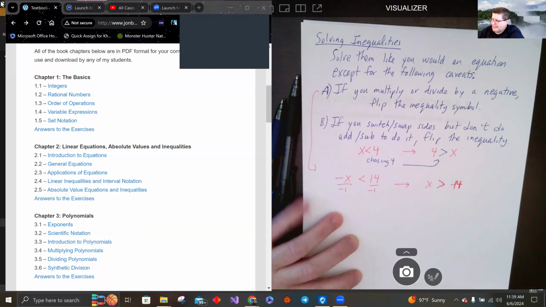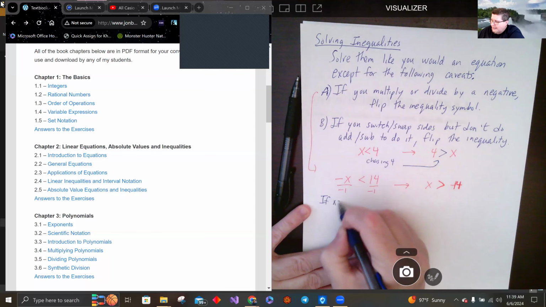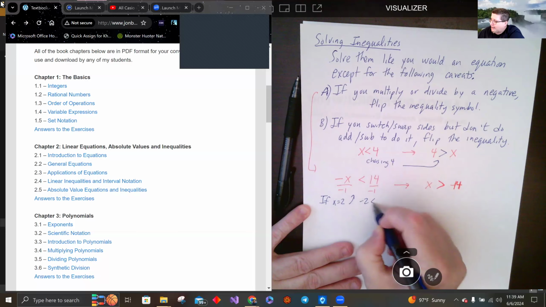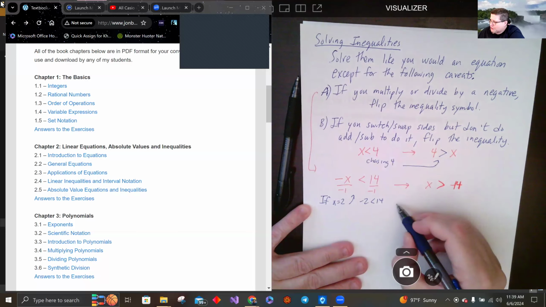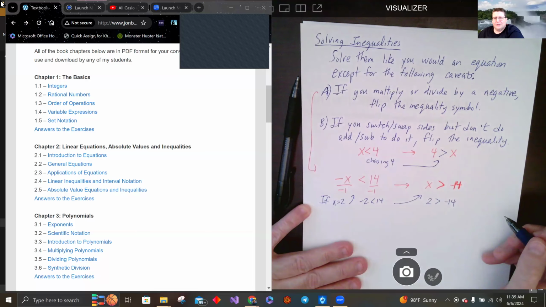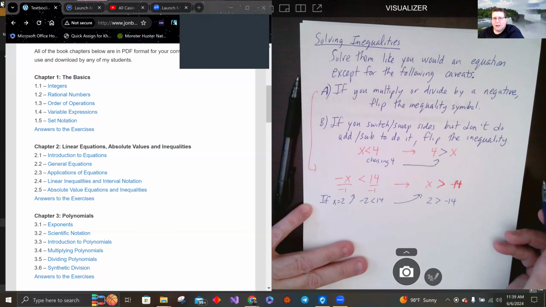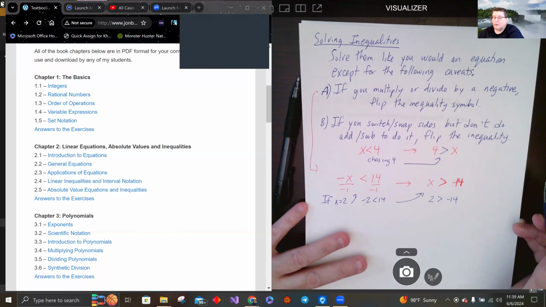So for example, if x is 2, negative 2 is less than 14. And also over here, 2 is greater than negative 14. It's just showing you that it does work. Those are the reasons to flip the inequality. Other than that, we're going to solve them like normal.